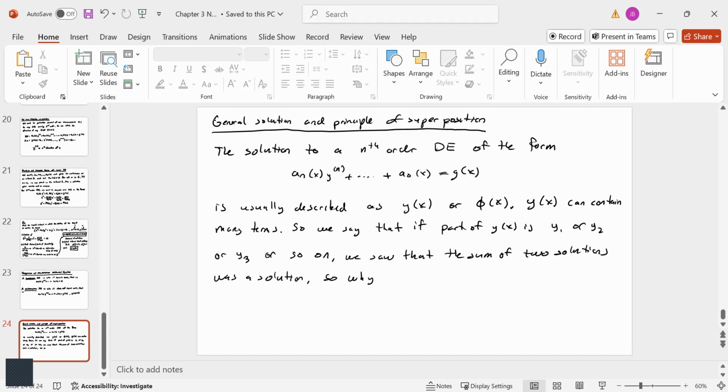So why not say that y of x is equal to y1 plus y2 plus dot dot dot plus yn is also a solution?